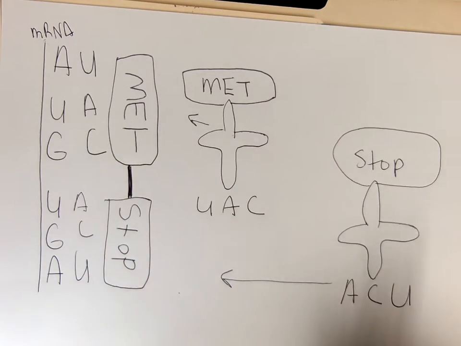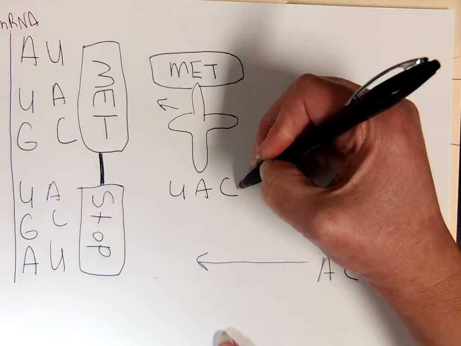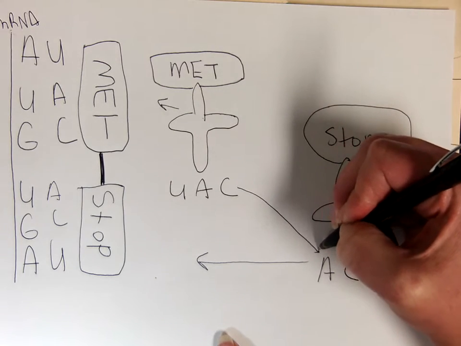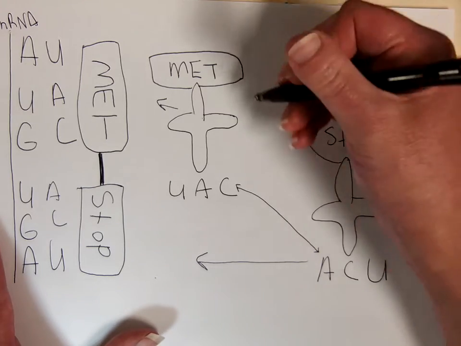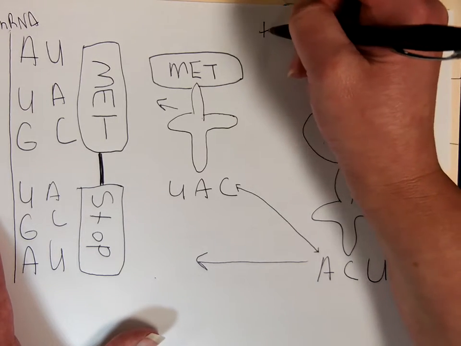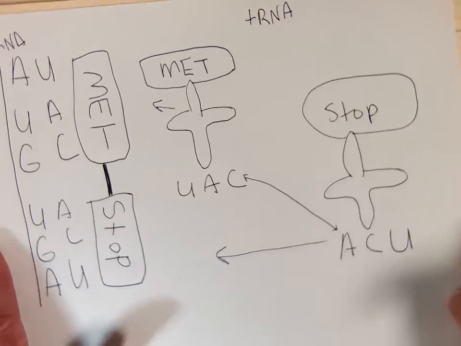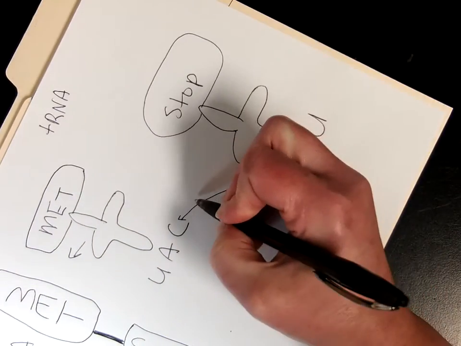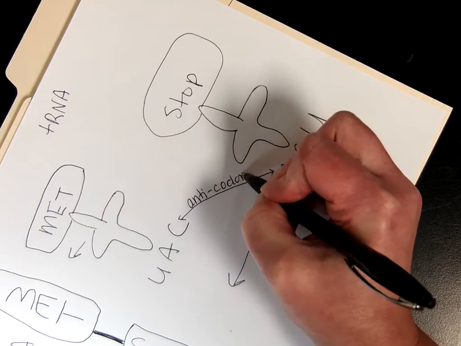Okay, so just a couple of things to add in. These two codes on the transfer RNAs are called anticodons.